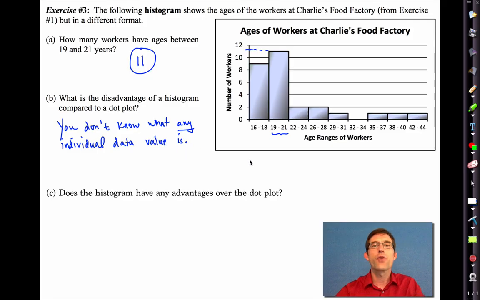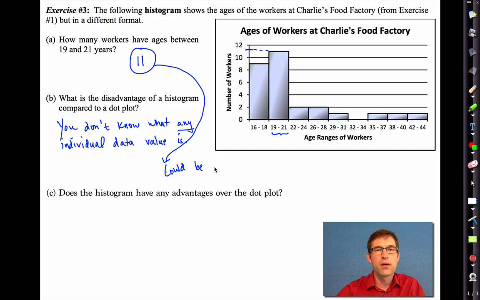In fact, for all I know, these 11, they could be all 20 years old, right? All we know is that they're 19, 20, or 21, right? We don't know how many 19s there are, how many 20s there are, how many 21s there are. We just know that there are 11 people who have ages 19, 20, or 21.